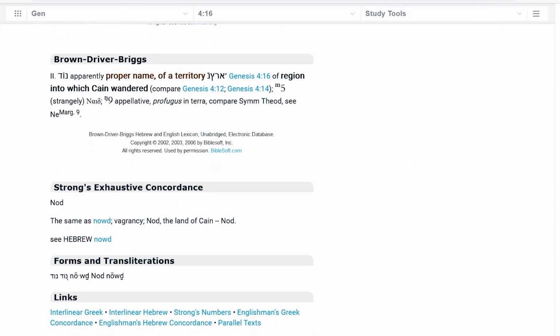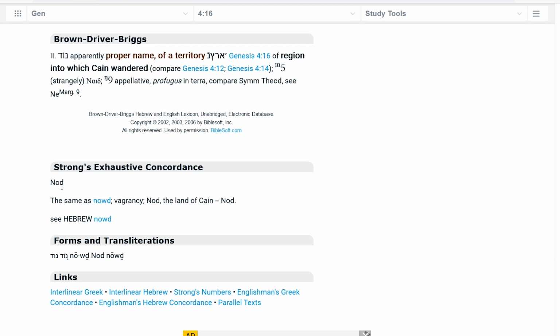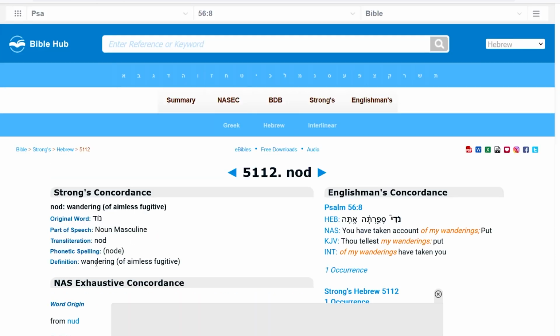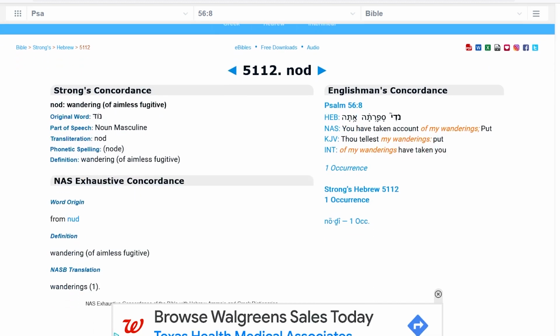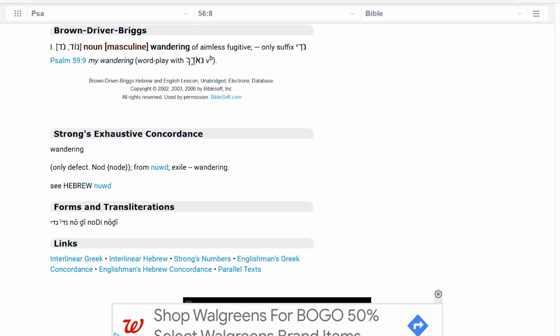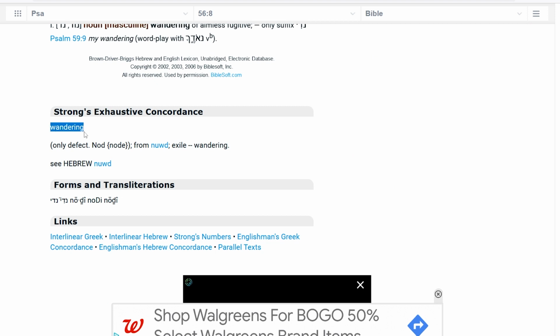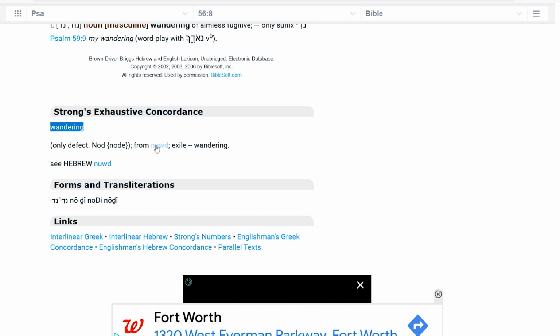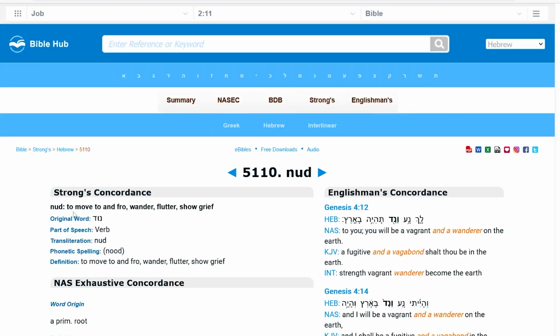So if you look, Nod, N-O-D, keep clicking: wandering aimlessly, fugitive, just like he said he was. Nod, wandering. Keep going, click on it: to move to and fro, wander, flutter, show grief. And you're like, hey, isn't that what we saw earlier?